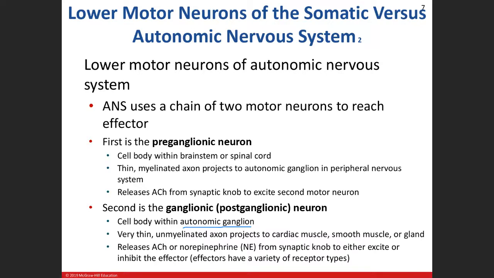Now, this neuron is unmyelinated. So the preganglionic is myelinated and thin. The postganglionic is unmyelinated, and it's also thin. But it is going to travel from the autonomic ganglion to these tissues here.